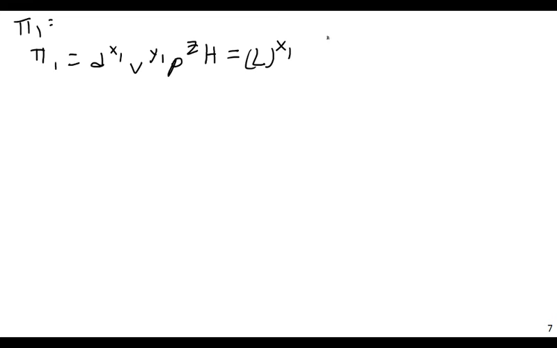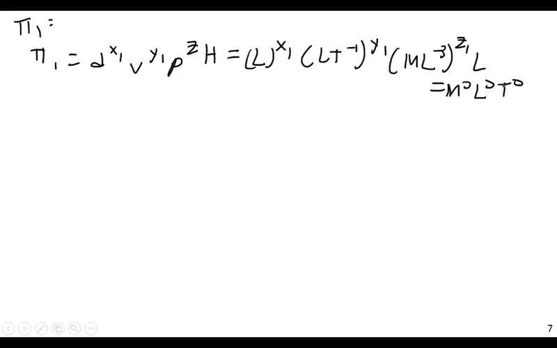Times Lt to the negative 1 to the y1, times m L to the negative 3 to the z1, times L for our h. And this is all going to equal m to the 0, L to the 0, t to the 0.